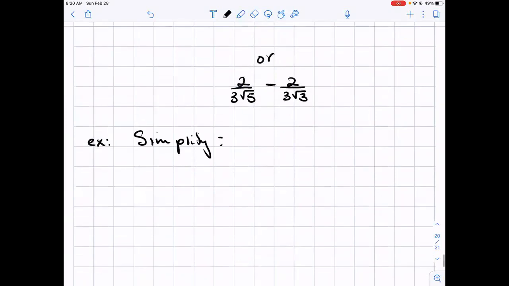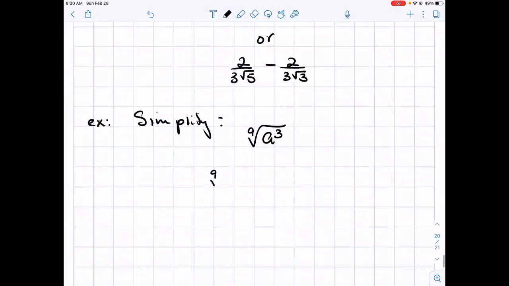So if I ask you to simplify the ninth root of a cube, keep in mind the ninth root of a cube is a to the 3/9. This is the exponential form, written as an exponent.